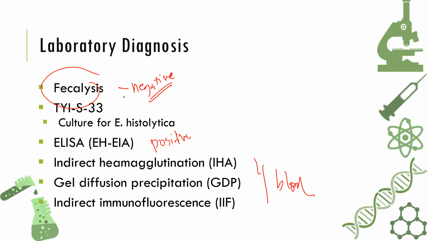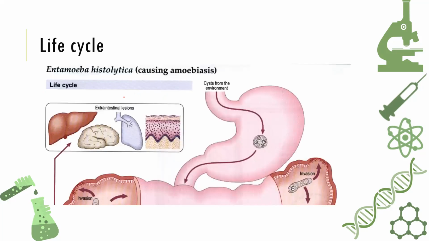Having said that fecalysis is the diagnostic test, it is also important for us to remember the life cycle of our Entamoeba histolytica. Now remember, the mode of transmission of Entamoeba histolytica is the ingestion of contaminated food or drink with the cyst of Entamoeba histolytica. As we all know, and I want you to take note that the cystic stage of Entamoeba histolytica is the infective stage.